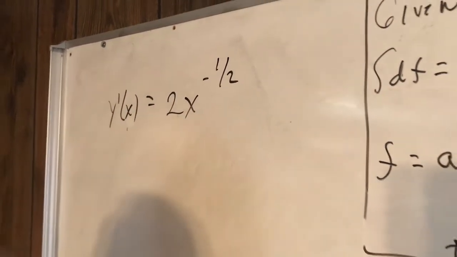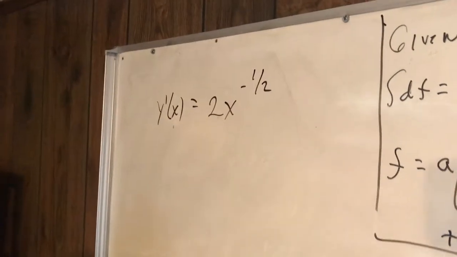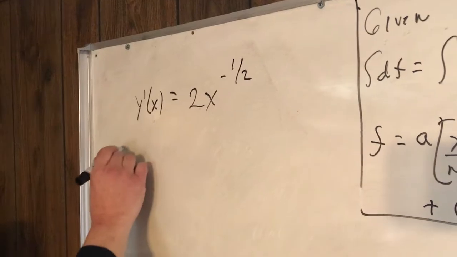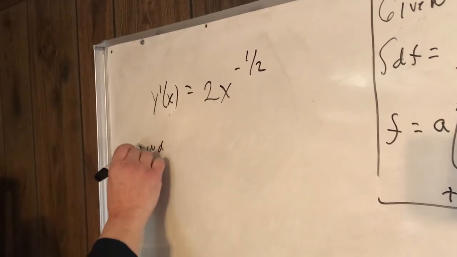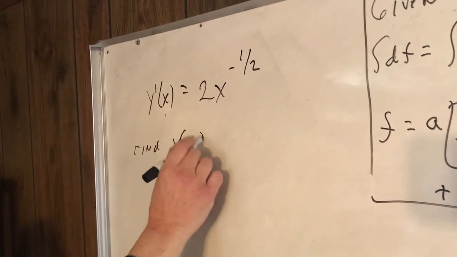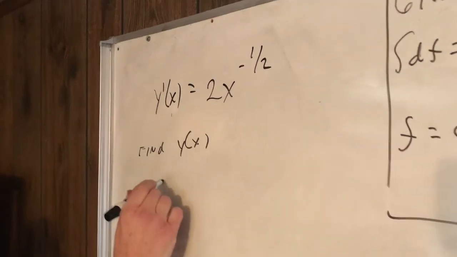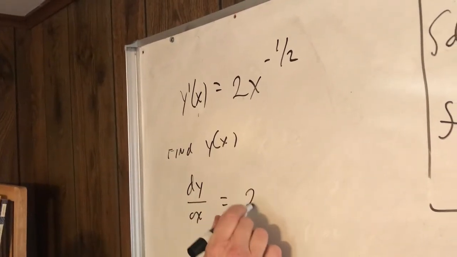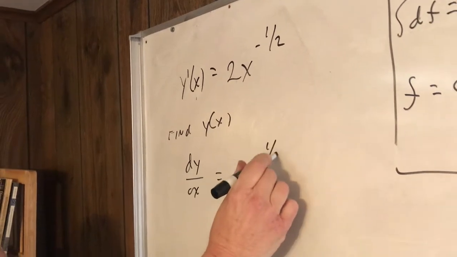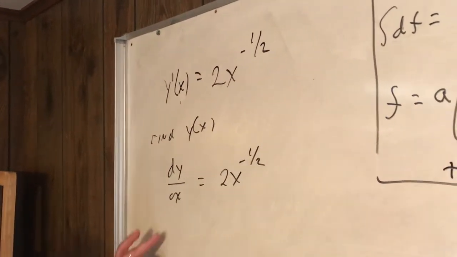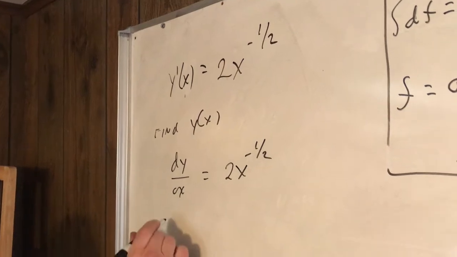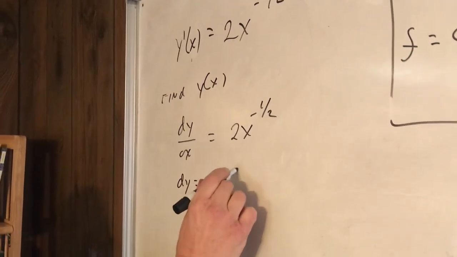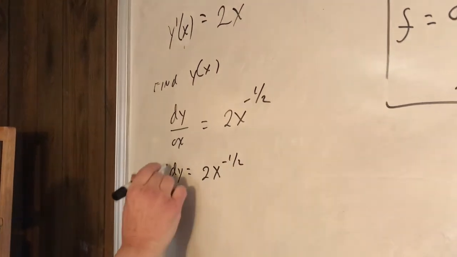I'm given that, so that's your derivative. I want to find y of x. I'm going to rewrite this as dy dx, multiply both sides by the dx, and put the integral sign there.